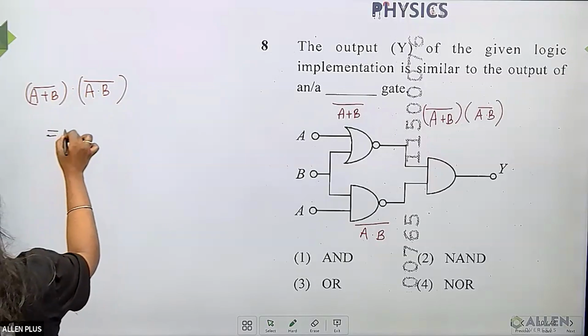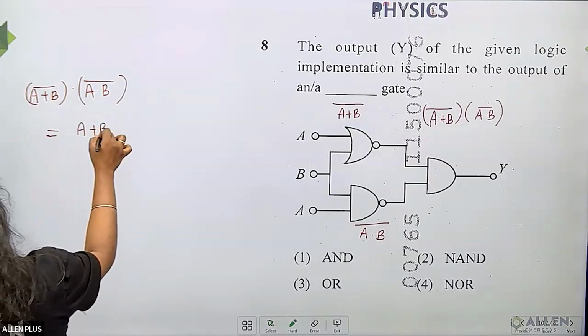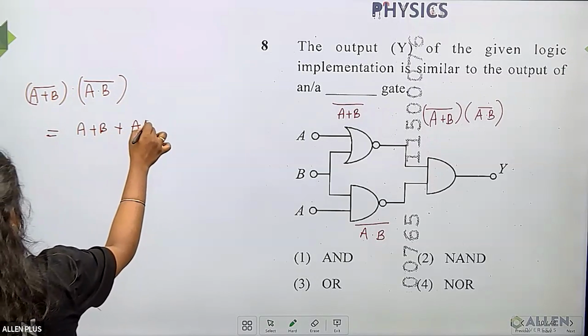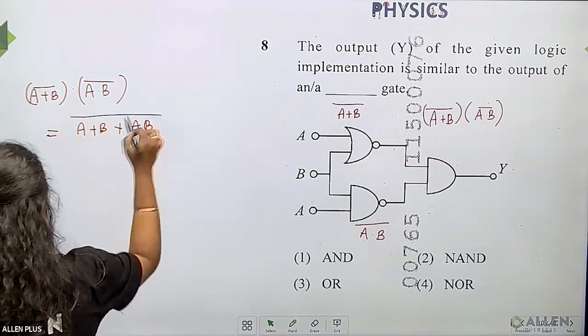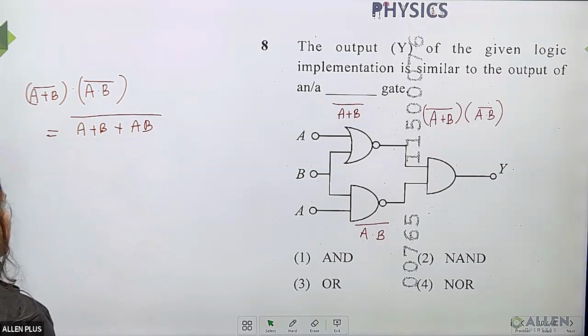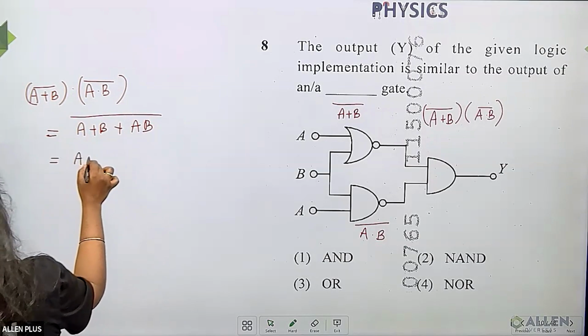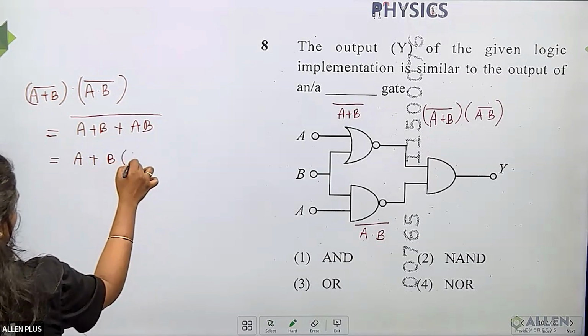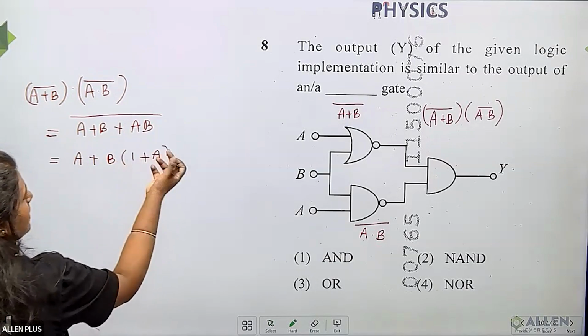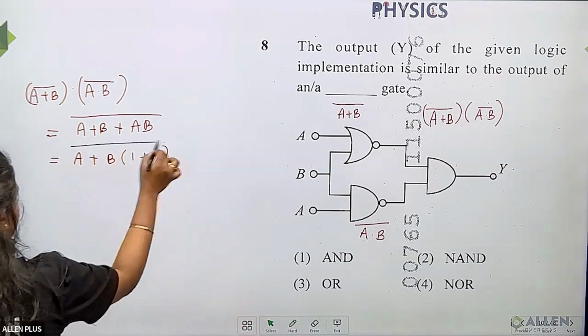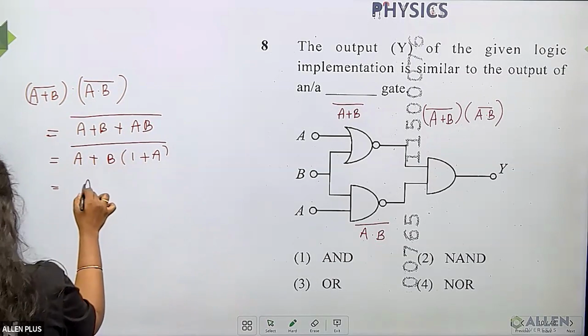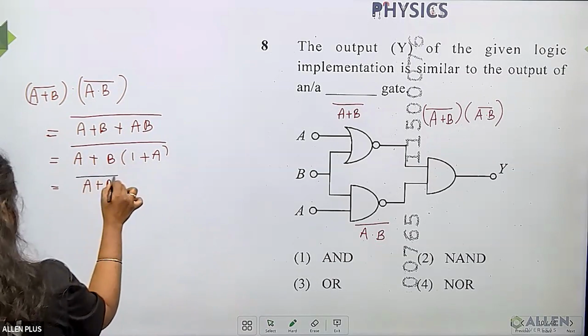This expression can be written as A plus B plus AB whole bar, just the Boolean algebra expression. So from here I can also write A plus B into 1 plus A. 1 plus anything will be equal to 1. This can be written as A plus B whole bar.